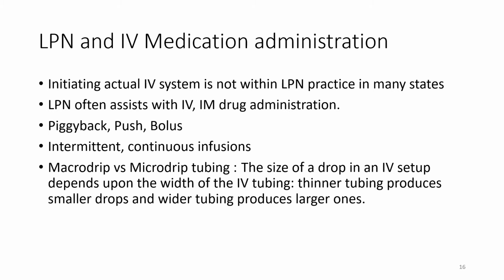The larger the drops, the quicker it's going to get to your patient, and the more you're going to be able to give. I know it sounds as though 60 drops per ml should deliver quicker, but it's not, because your drops are larger in that macro drip. So it may be 20 drops per minute, but it's going to deliver quicker.